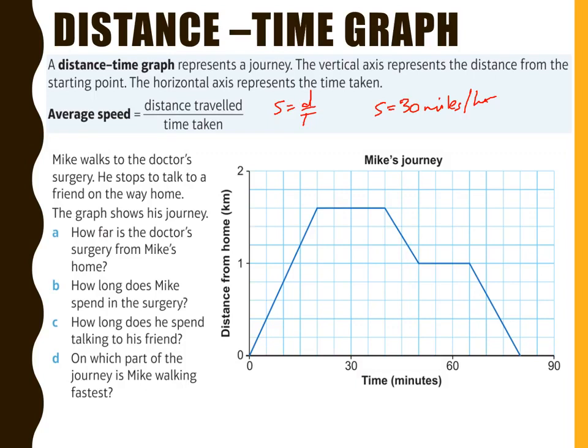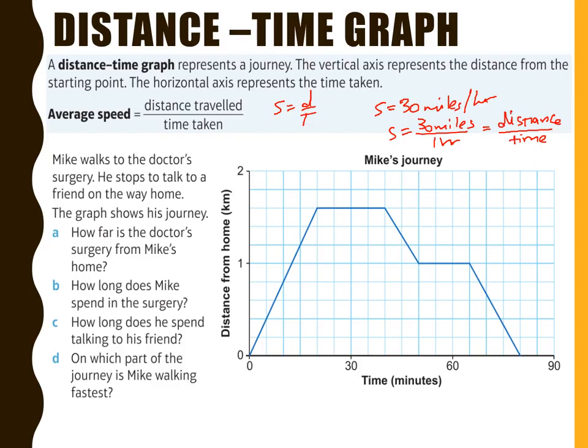So speed: 30 miles is distance, hour is time. So this is my distance, and this is my time. The formula, distance over time, 30 miles per hour. That's how I remember things.